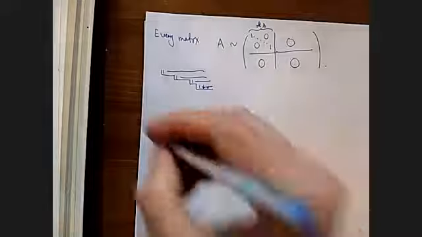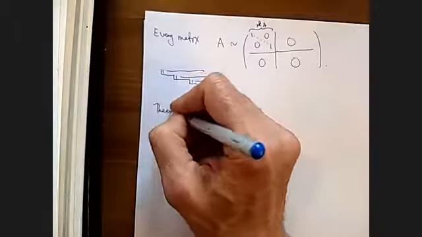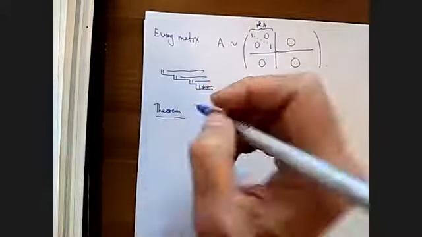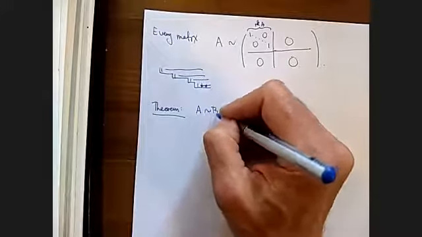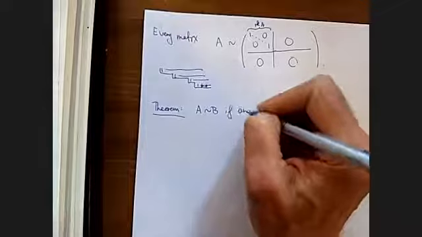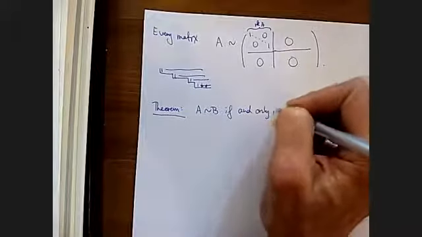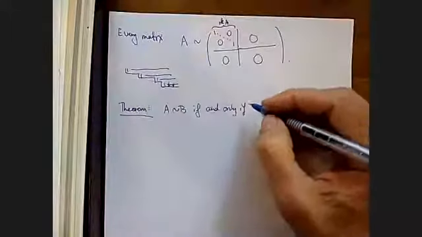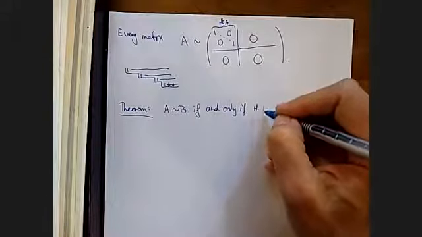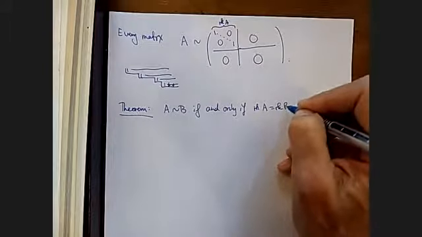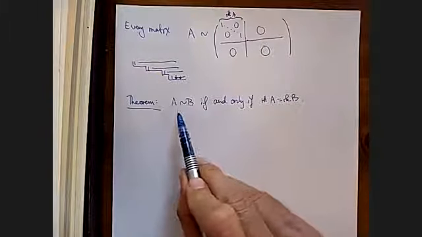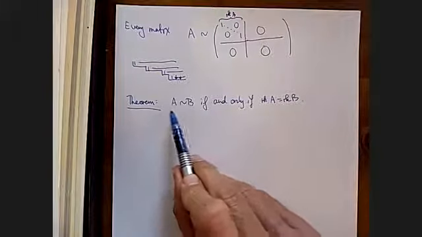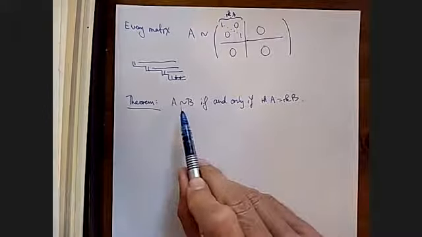And so the theorem you can deduce from this is that A is equivalent to B if and only if the rank of A is equal to the rank of B. So that's, according to this equivalence relation, the way to tell whether two matrices are equivalent.